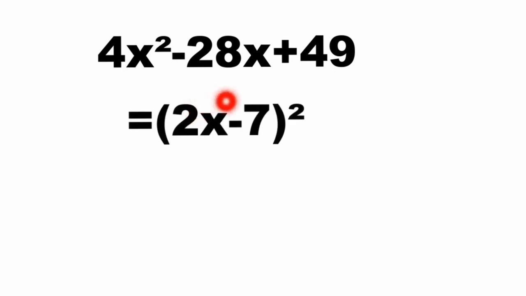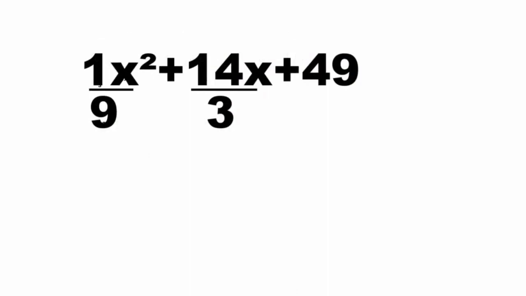So the answer is the quantity 2x minus 7, squared, because the square of 2x is 4x squared, and twice the product of 2x times 7, which is 14, times 2, is 28x, and the last term is the square of 7, which is 49.